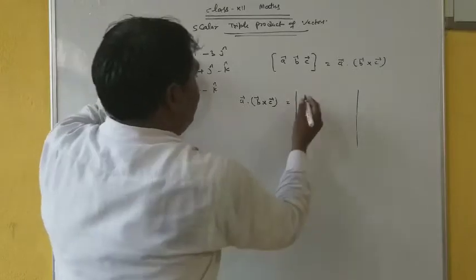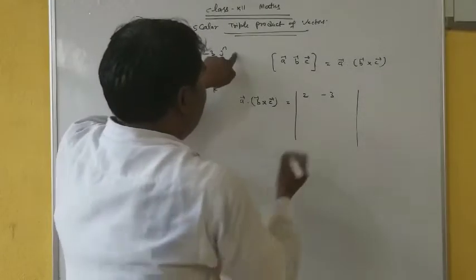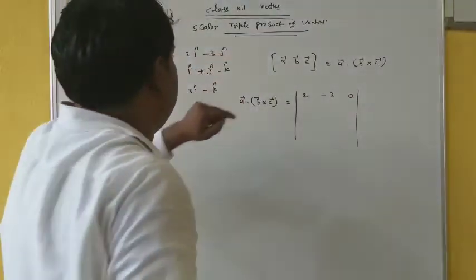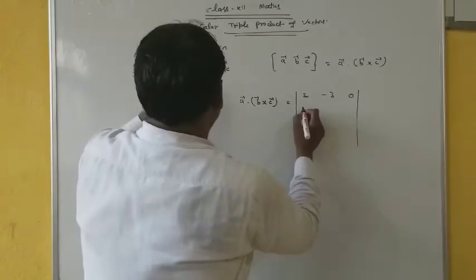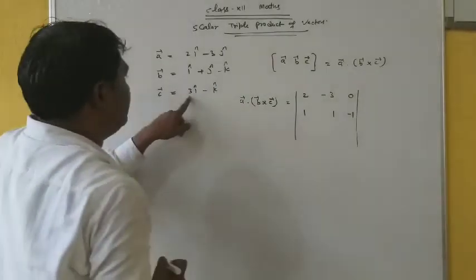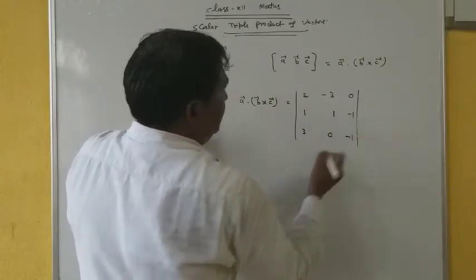See here, the i cap coefficient is 2, the j cap coefficient is minus 3, the k cap coefficient is absent, so it will be equal to 0. In the second vector, this is 1, 1 and minus 1. In the third one, i and k are present, so j is equal to 0.